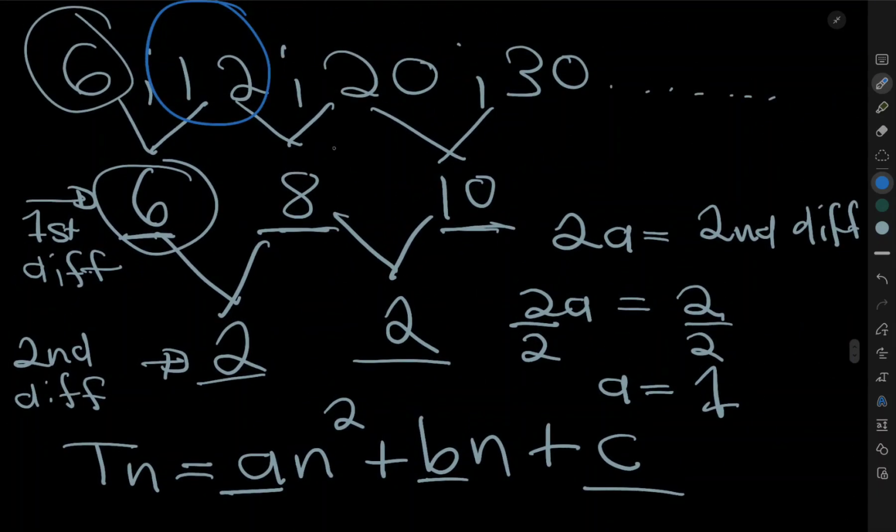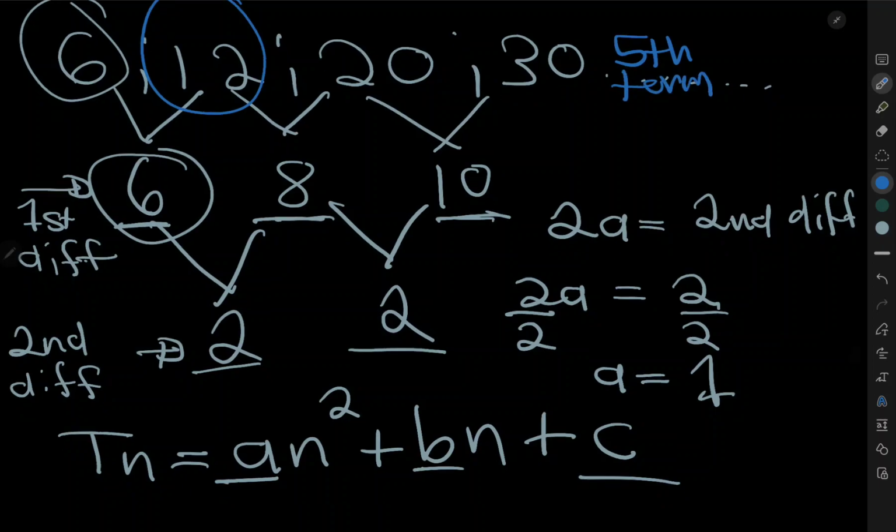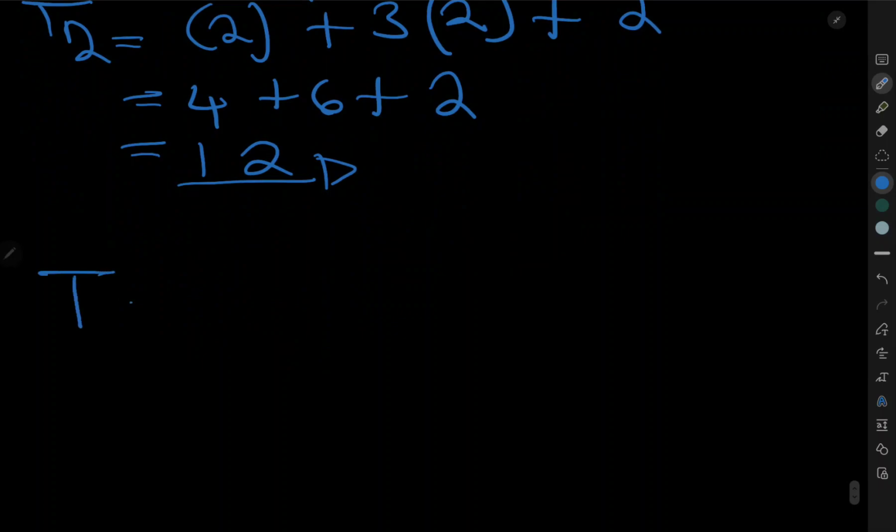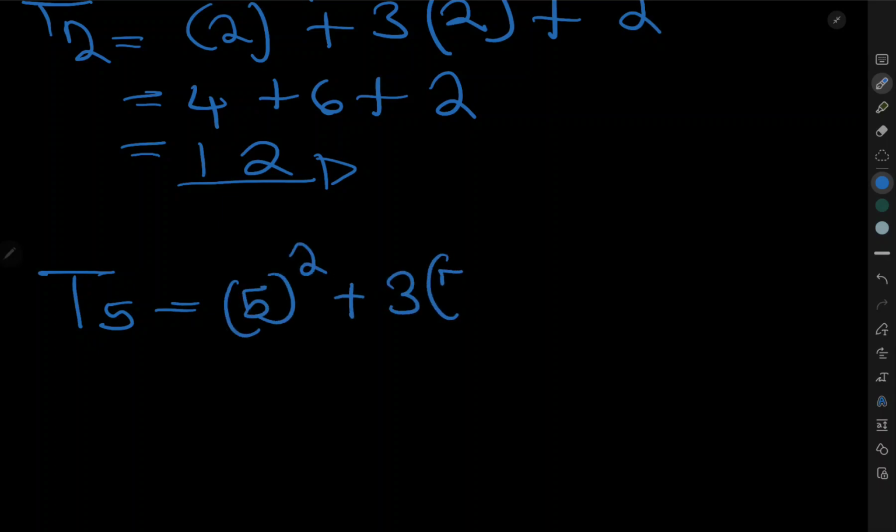So now they want us to determine what the value of the fifth term is. Where there is n, we're just going to substitute with 5, and that will give us 5 squared plus 3 times 5 plus 2.